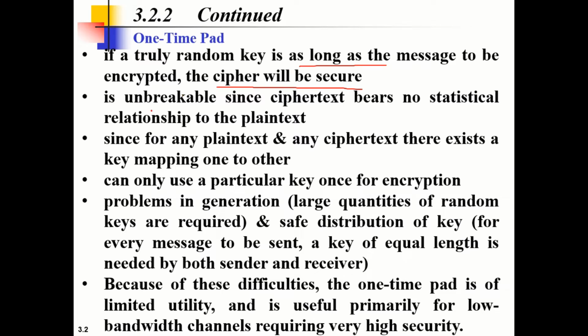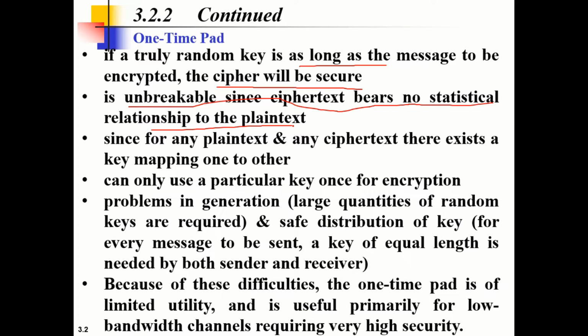So this cipher is unbreakable since the cipher text bears no statistical relationship to the plain text, because we are using a different key for each part of the plain text. That key is never repeated for any part of the plain text. So there is no statistical relationship between the cipher text and the plain text, right?